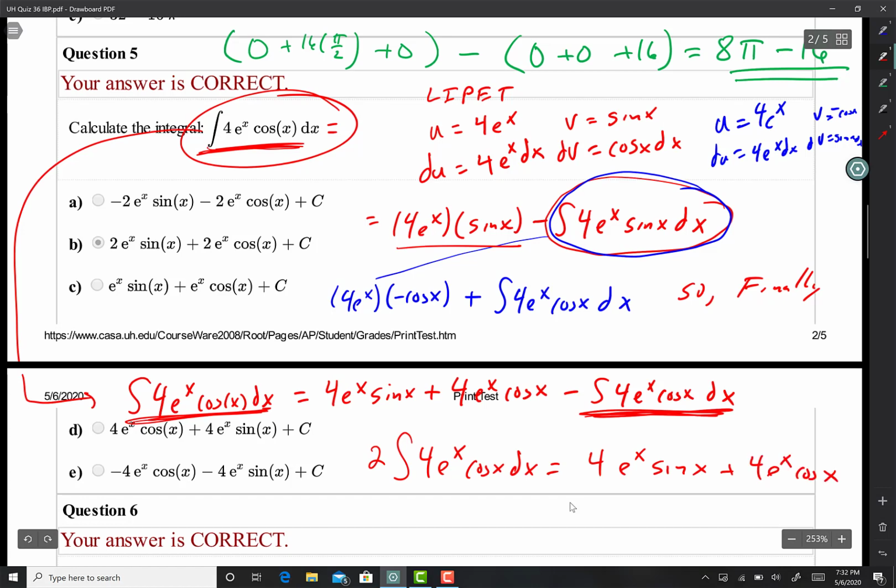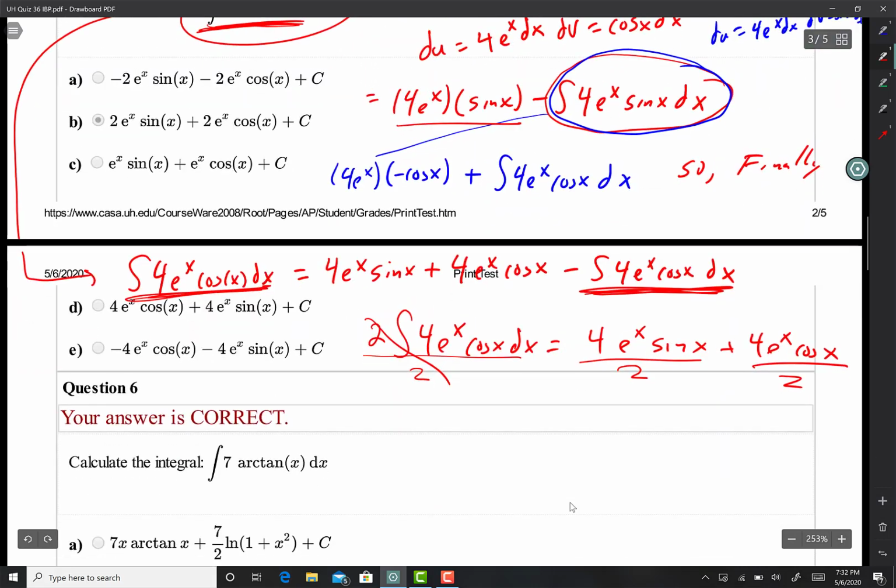So I'm going to get rid of that 2 by just dividing. So now, my integral 4e to the x cosine x dx is simply equal to 2e to the x sine x plus 2e to the x cosine x.